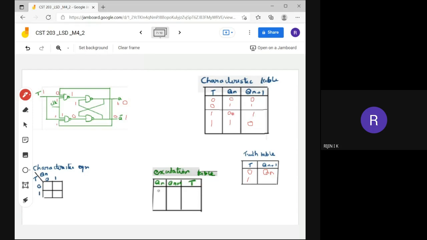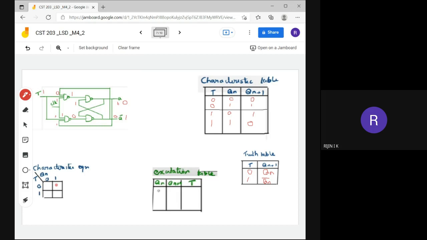If Qn is 0, then Qn plus 1 is 1. If Qn is 1, then Qn plus 1 is 0. That means it is the complement of Qn. So Qn plus 1 is Qn bar.